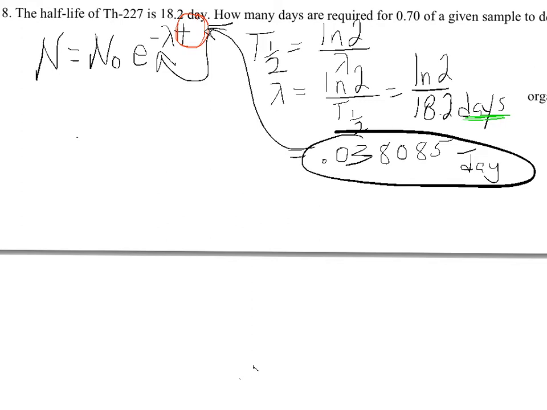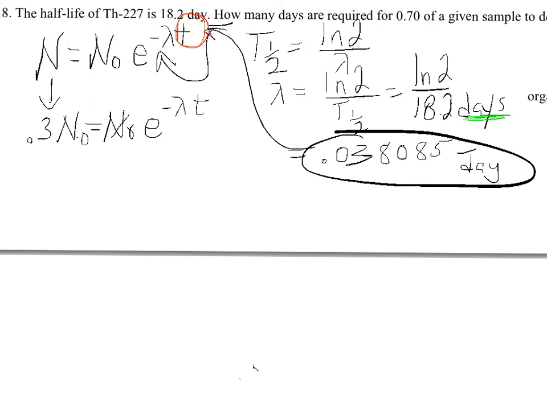Excuse me, 0.7 has decayed, so we're left with 0.3 of what we started. And so if we put N in terms of N sub 0, we have 0.3 N sub 0, basically 30% of what we started with, equals N sub 0 e to the negative lambda t.